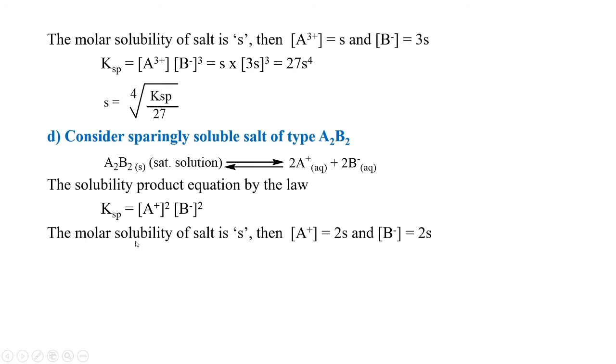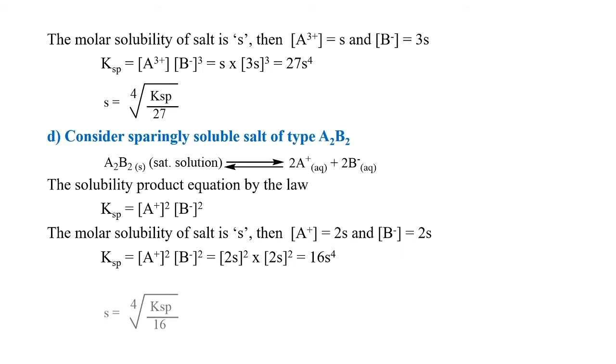So the molar solubility of salt S, we can write A+ is equal to 2S, B- is equal to 2S, number of moles. So the KSP for this reaction, (2S) square into (2S) square, will give 16S raised to power 4, and therefore the solubility of salt S is equal to fourth root of KSP upon 16.